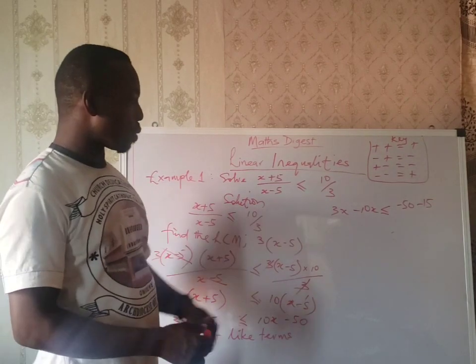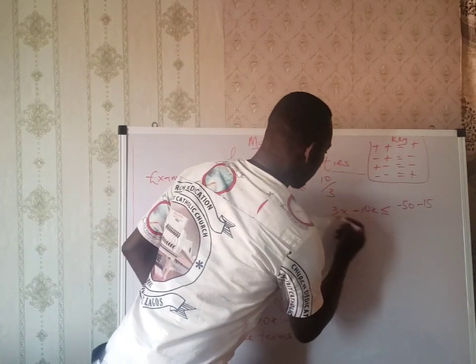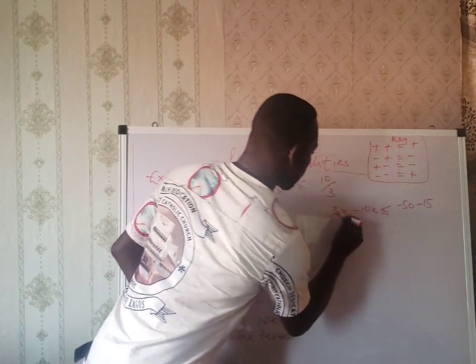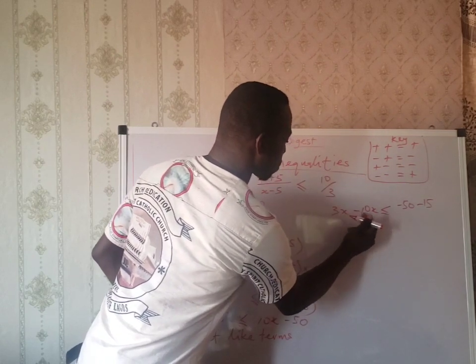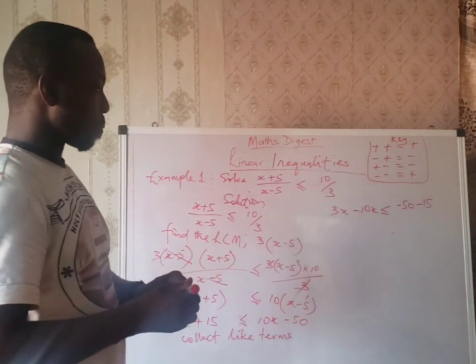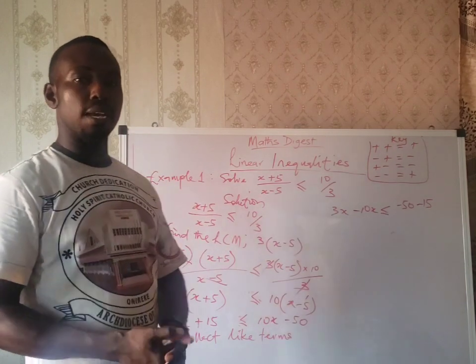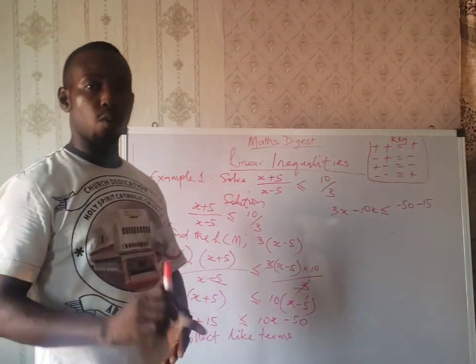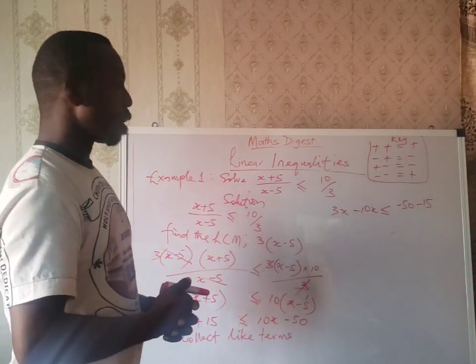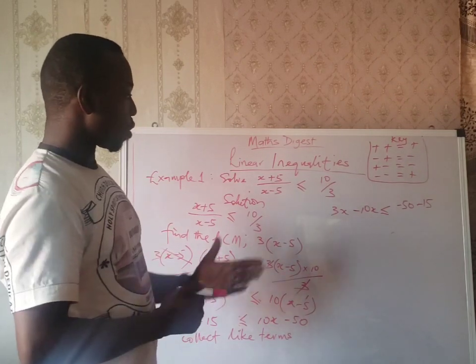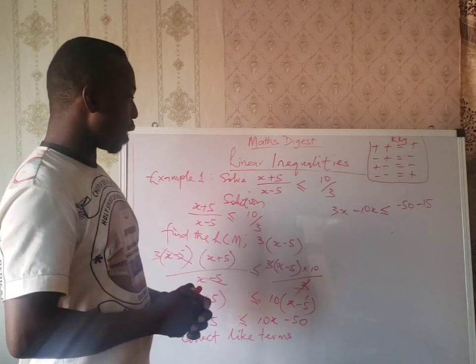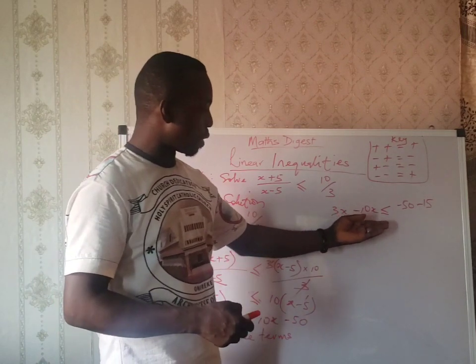Now, from this, we say 3x minus 10x. Remember what I taught us in linear equations. If you have not watched it, go back to that linear equation, and you will understand what we explained here.